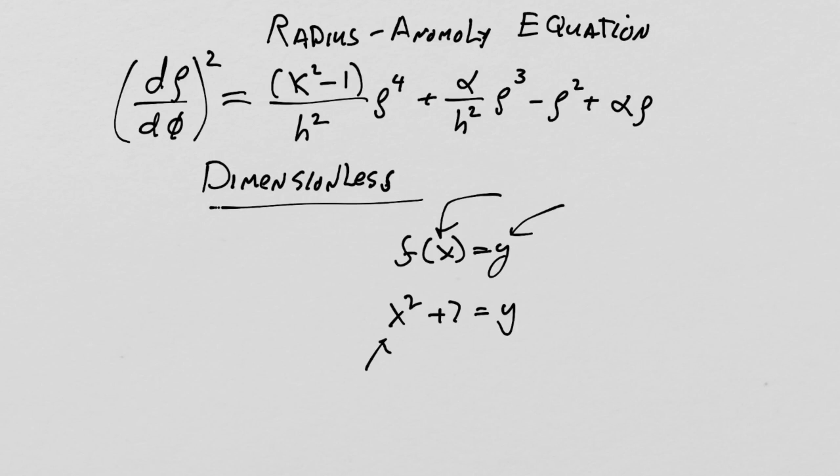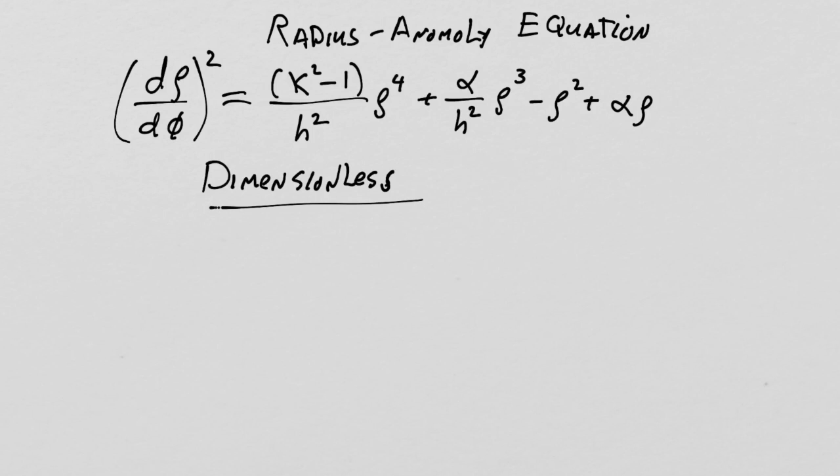X doesn't have units when you write down some crazy function like this quadratic function here. So if we're going to start attacking this mathematically, the first step is to make it dimensionless. When I talk about something being dimensionless, what I mean is that the independent variable and the dependent variable have no dimensions. Right now, our independent variable has dimensions of length, so we've got to get rid of that.